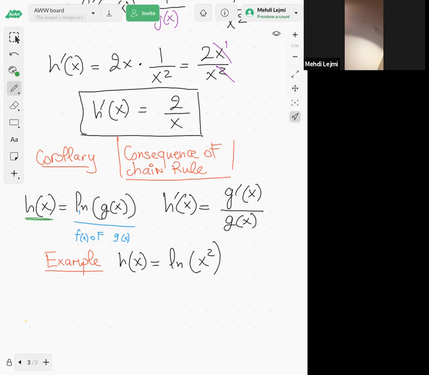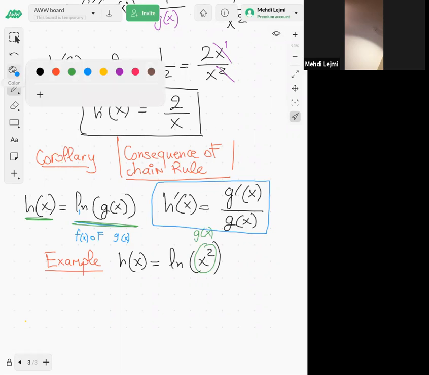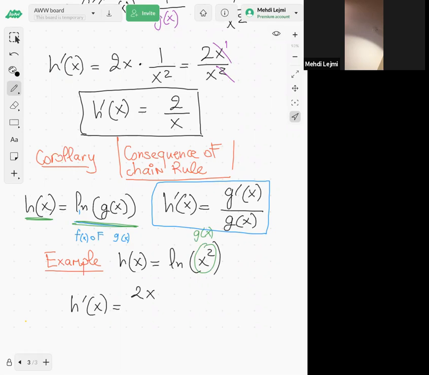My h is natural log of g of x, so your g of x is x squared. Then h prime would be g prime over g. G is x squared, so g prime is bring down the power, subtract 1 from the power, so it's 2x, over g of x, so over x squared. And that's exactly the 2 over x.